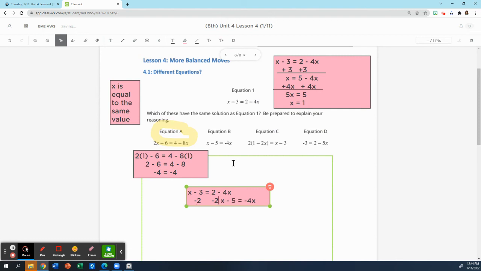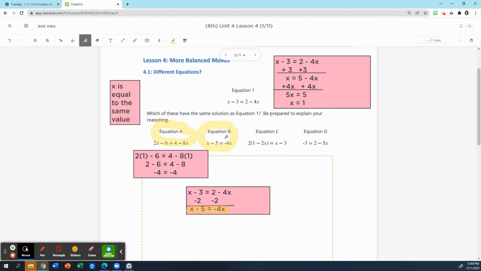Notice how if I do the same exact thing to the original equation, if I subtract 2 from both sides, I end up with x minus 5 is negative 4x, which is equation B. And so I know that equation B is identical to equation A.